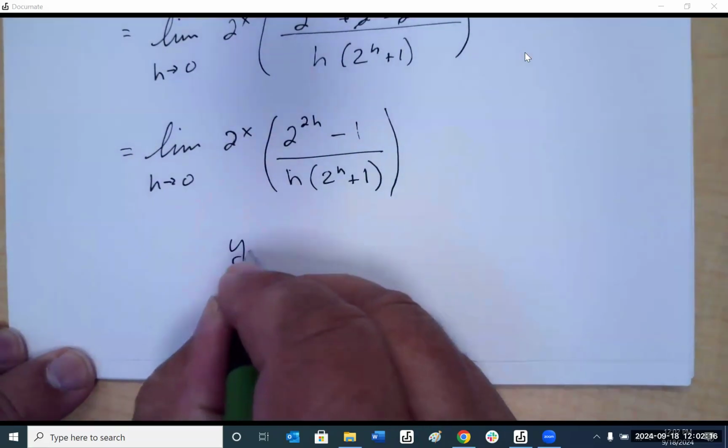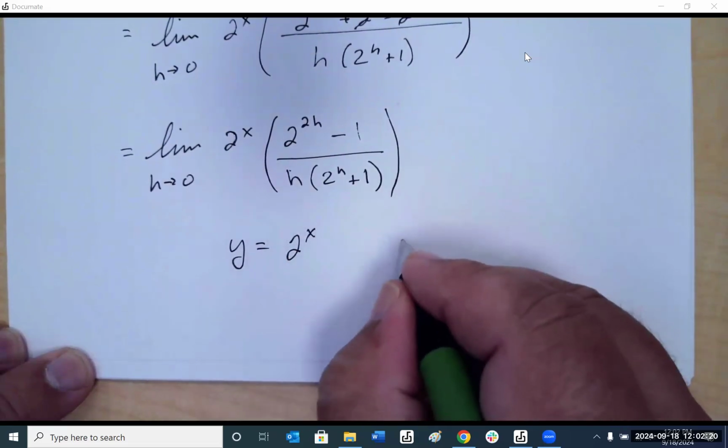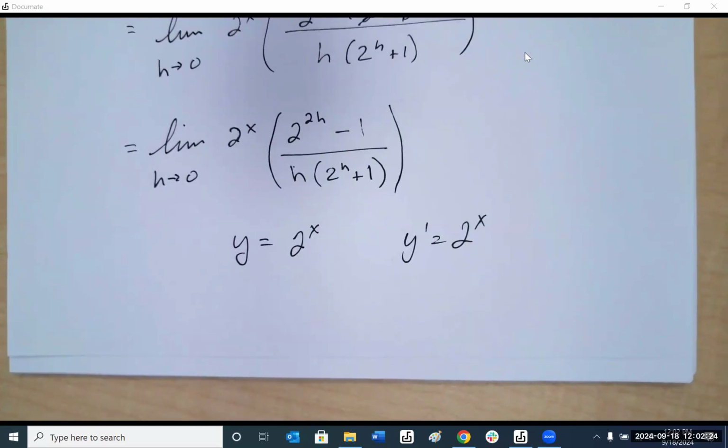So the derivative of 2 to the x is 2 to the x. It stays the same, it doesn't change. Because no matter what happens in there, no matter what we do to it, it's always going to stay the same.